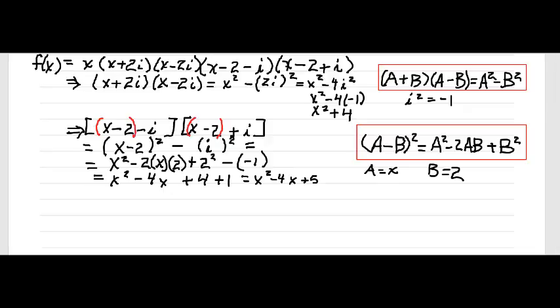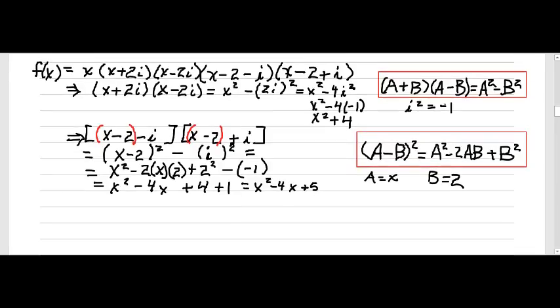All right, so when I go to put this information back into the product that's going to give me my polynomial, notice I'm going to replace x plus 2i times x minus 2i with my result that I got initially. And then secondly, I got the product of x minus 2 minus i times x minus 2 plus i.